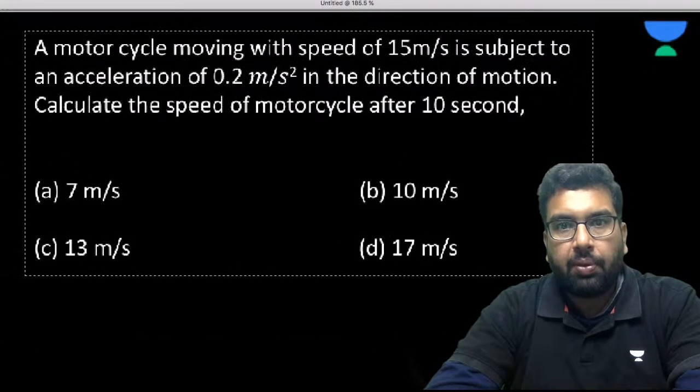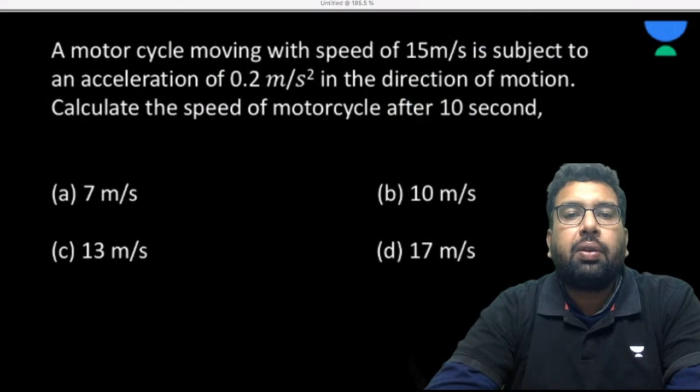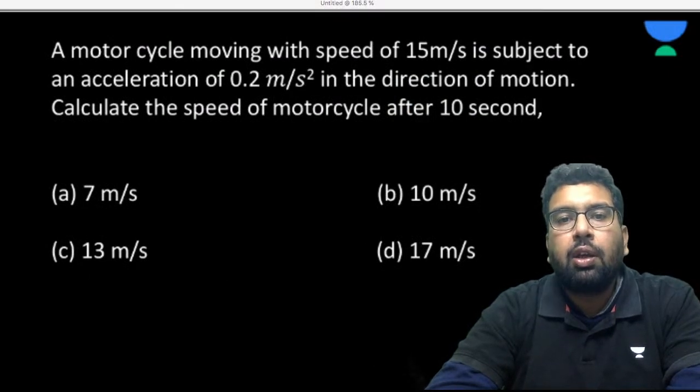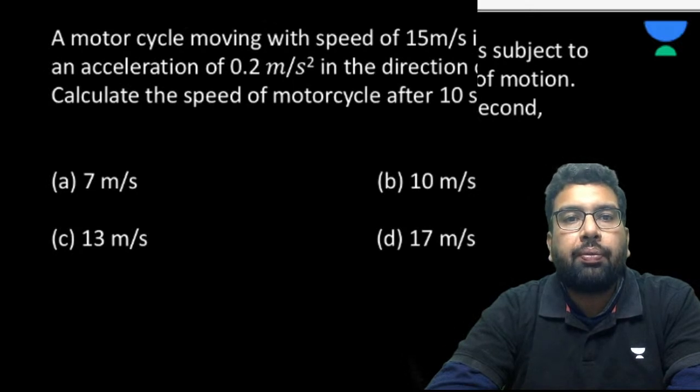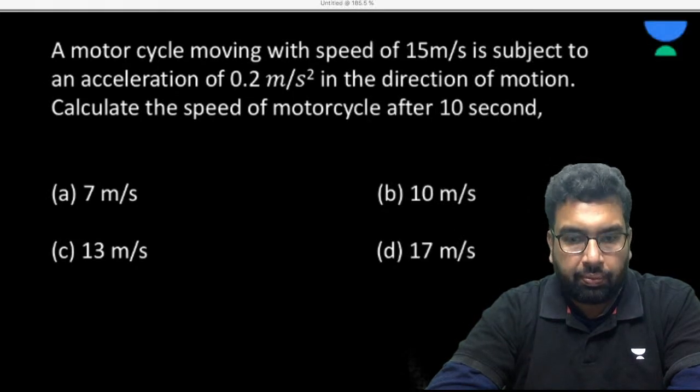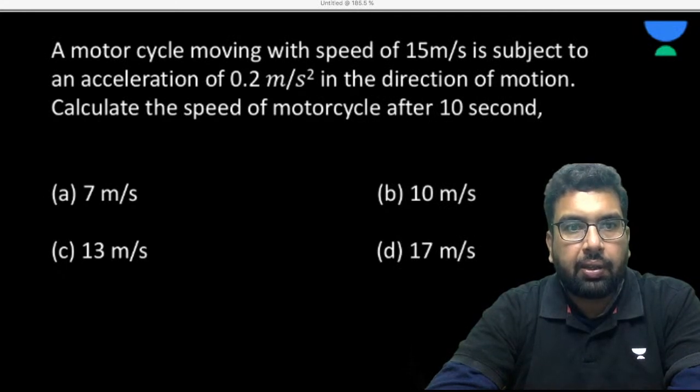Please go for it. See, in vectors, you have to be very, very careful about which angle is asked and what approach you are using. Yeah, you found the angle between A and C, right?